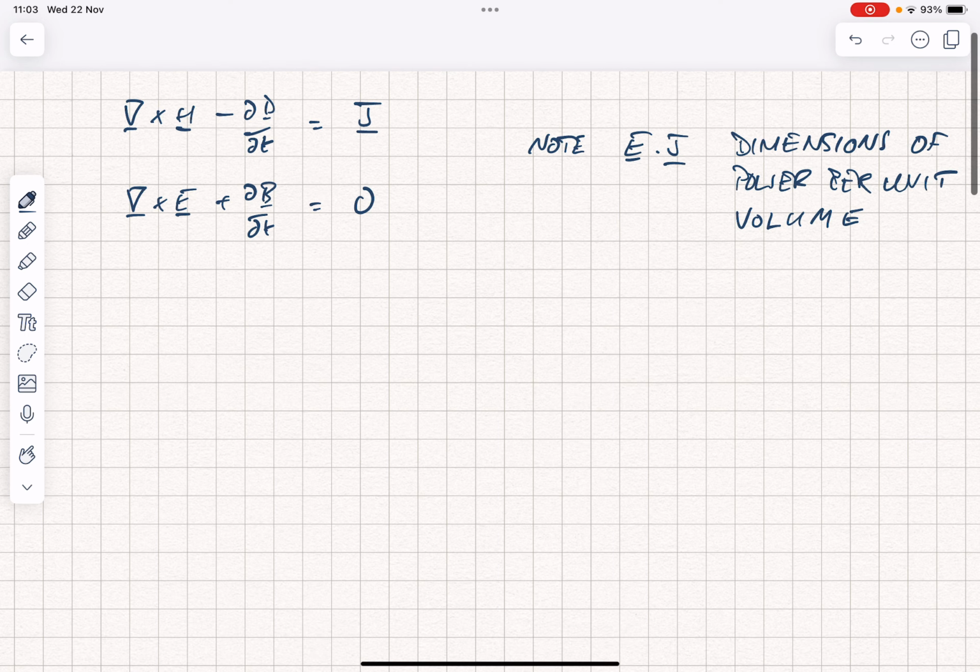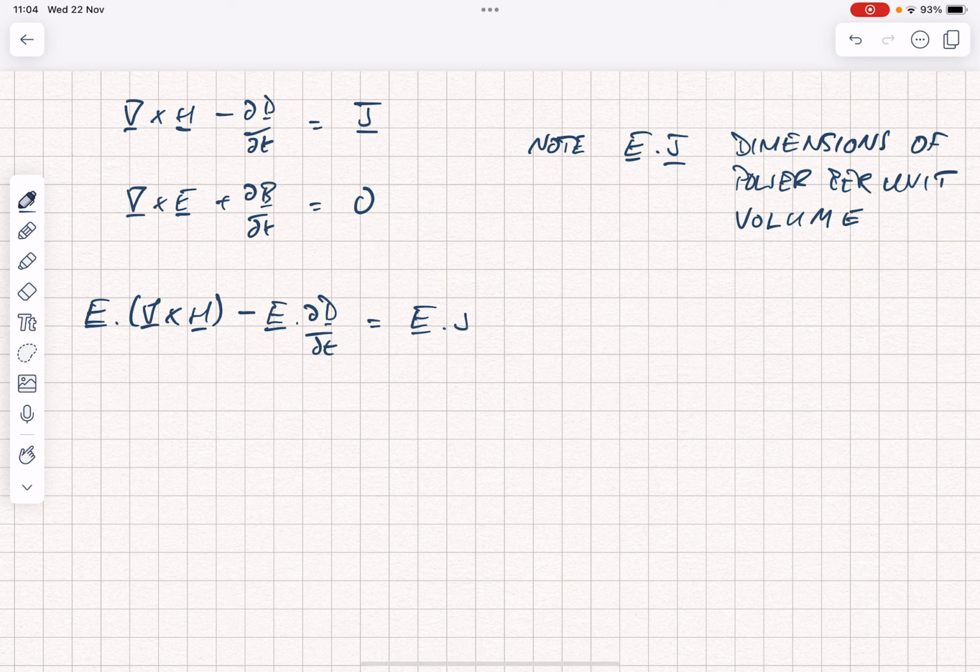Well, if we take the first equation and dot it with E, we find E dotted with the curl of H minus E dotted with dD by dt is equal to E dot J. I'm going to label that equation 1.